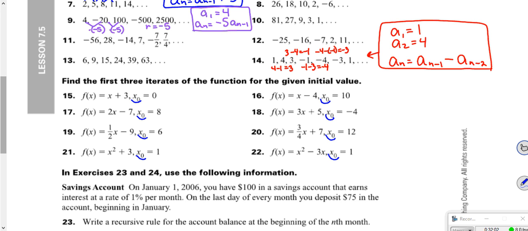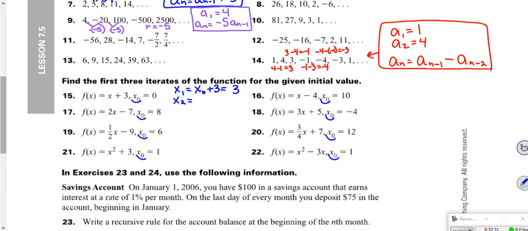The first thing I need to find is the first term, because x sub 0 is not the first term. That's why I don't really like these, because they're confusing. So let me write it this way. Let me say that x sub 1 is going to be x sub 0 plus 3, which in this case, with x sub 0 being 0, is 0 plus 3, which is 3.